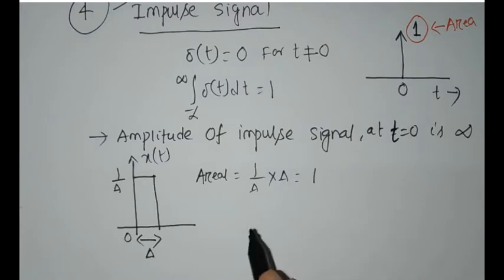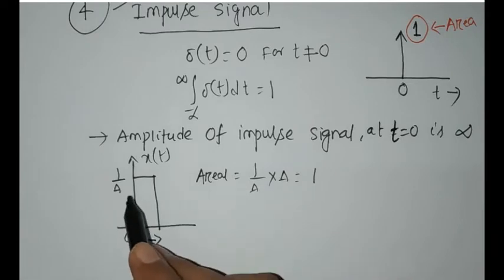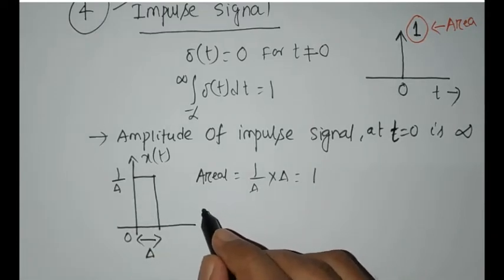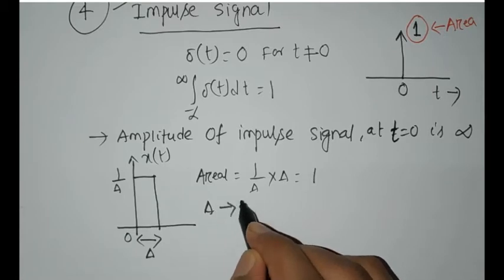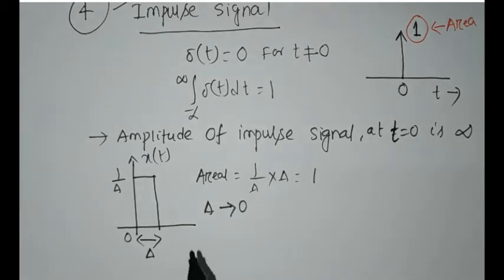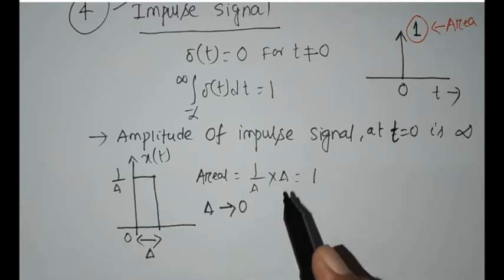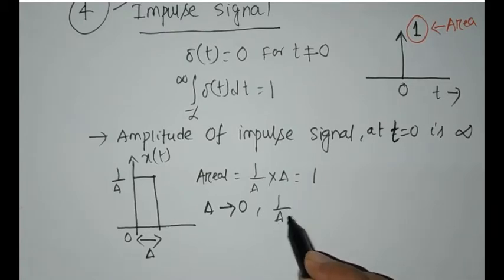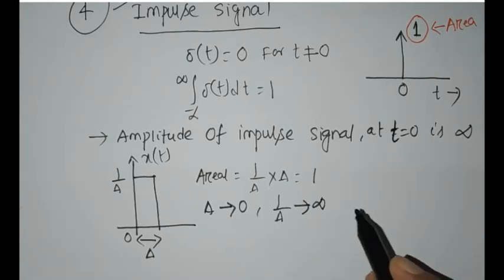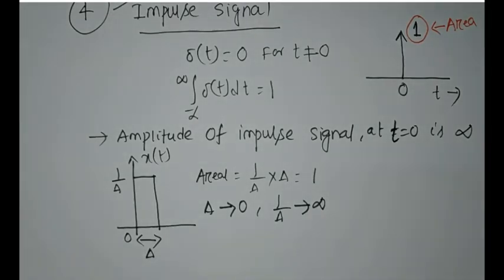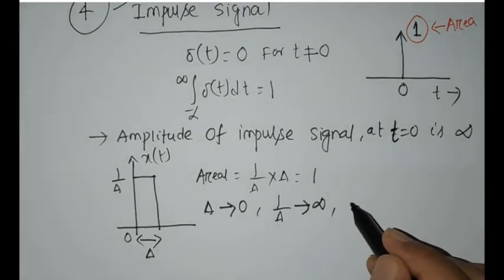First of all, see here: when Δ tends to 0, this Δ coincides with 0, yes or no? Tends to 0 means not exactly 0, but very close to 0. Now when Δ tends to 0, then 1/Δ tends to infinity. This means we can represent the impulse signal like this.